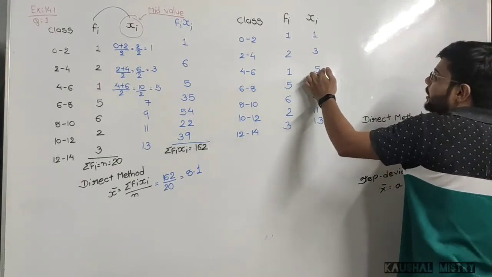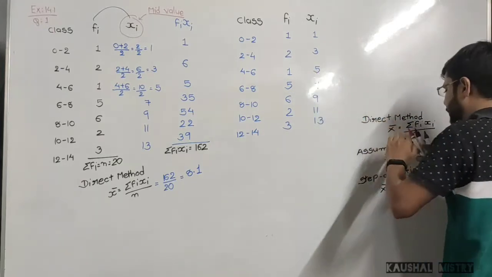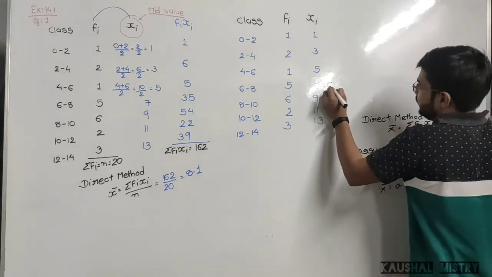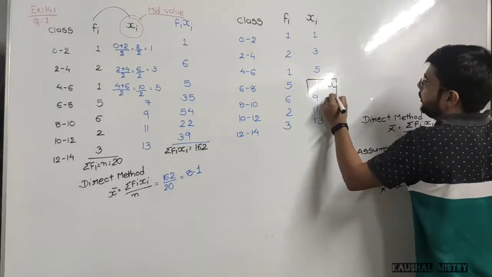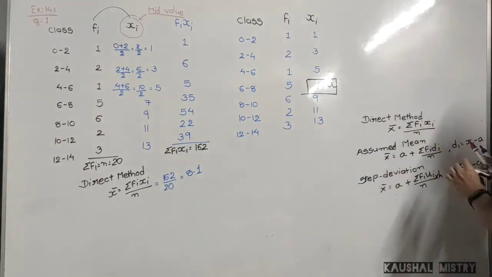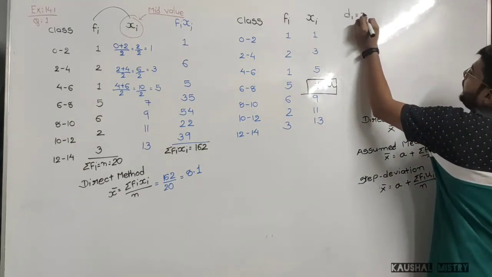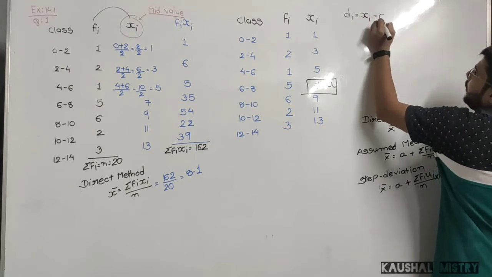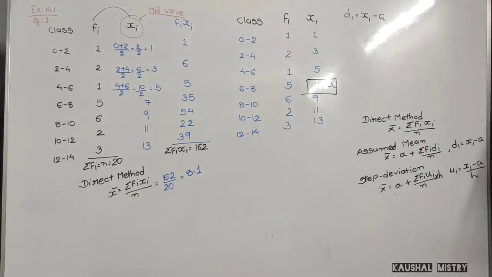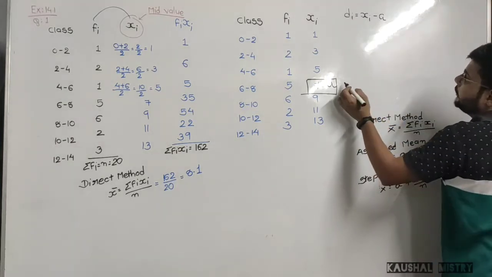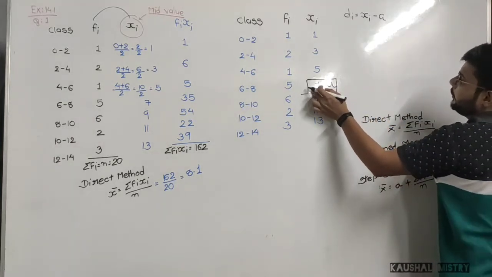That means in the middle it will be 5 or 7. We will choose 7 as our A. So A is equal to 7, and you have to find di, and di is equal to xi minus A. So xi here will be 7.